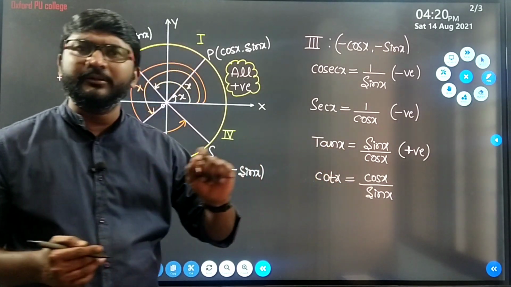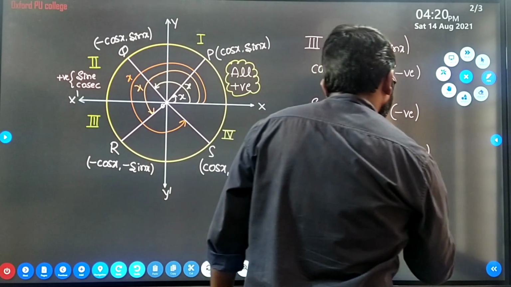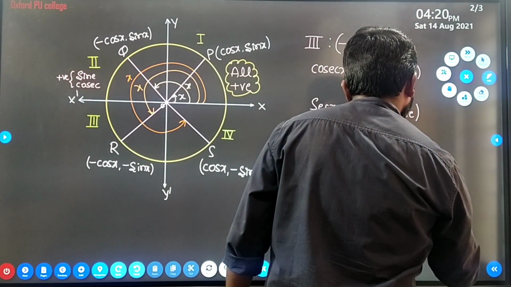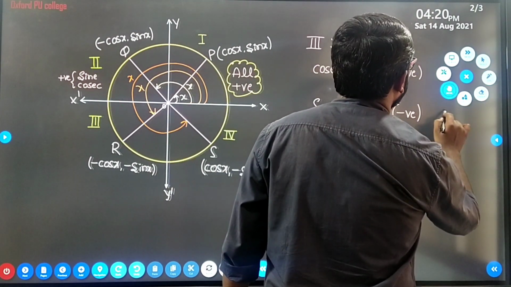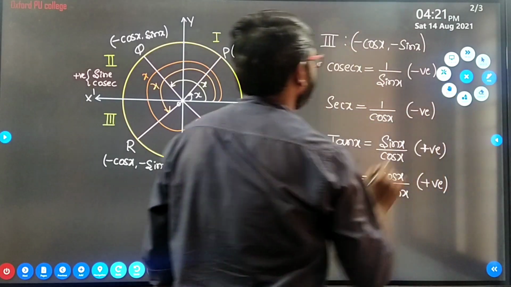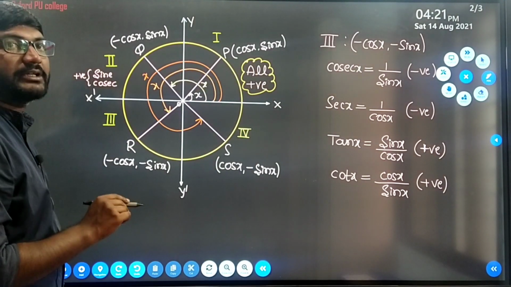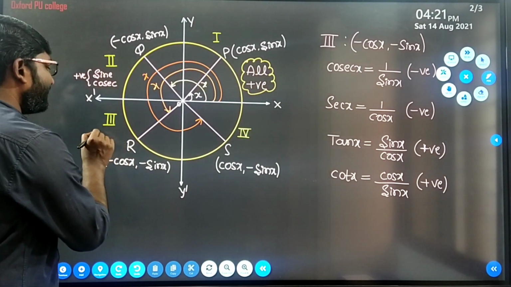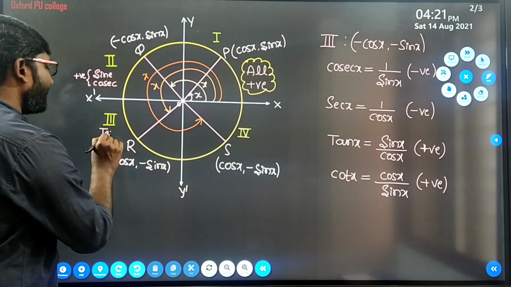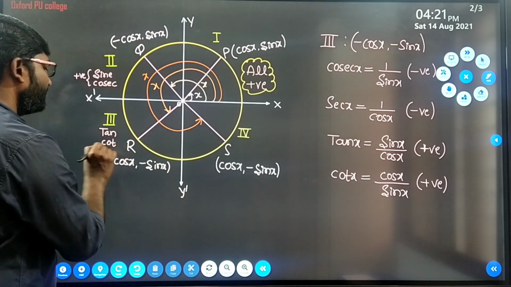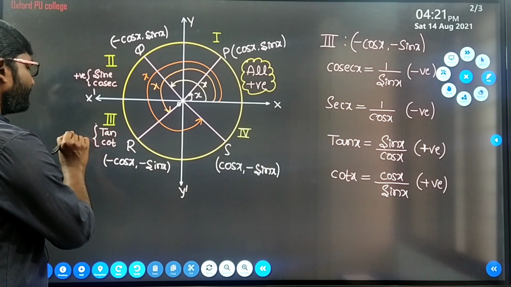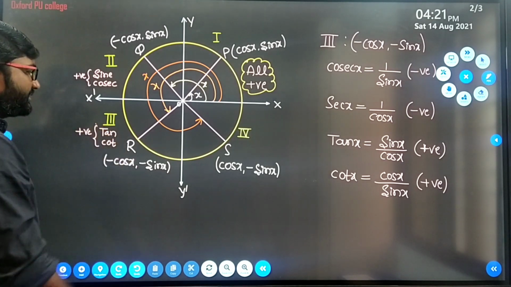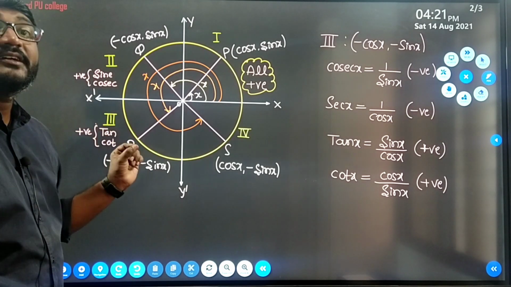Negative by negative it will be positive. So cot x is positive in quadrant 3. This we will have to write now. Which are all positive in the third quadrant? Only tan and cot. These two are positive in the third quadrant.